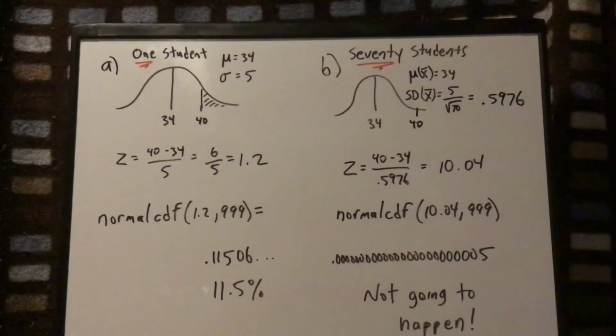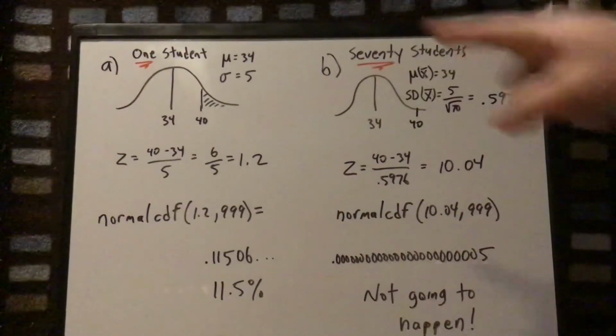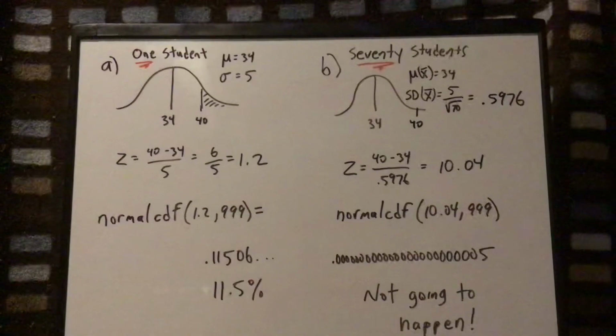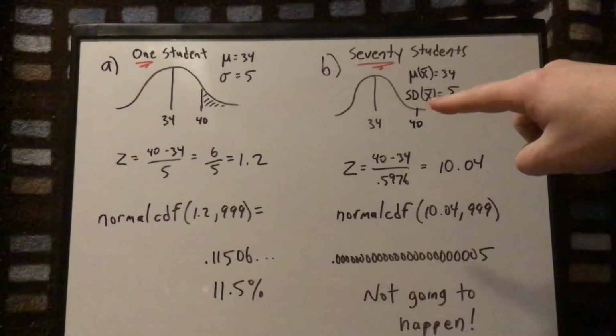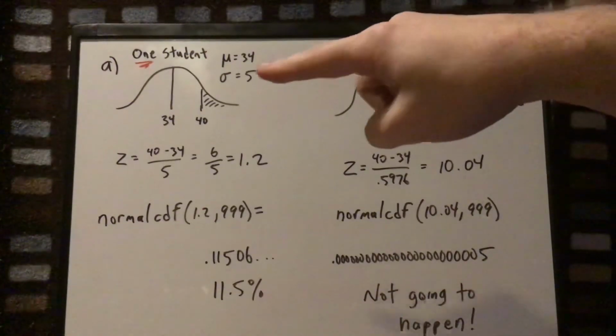If you had 70 students, the most likely event would be that they would take 34 minutes, just like an initial student would take. The issue comes down to the standard deviation. What is the standard deviation for the averages? Well, the standard deviation for one person was 5.